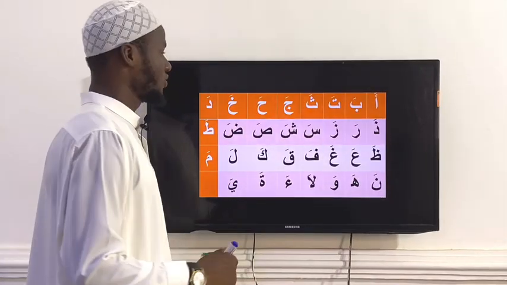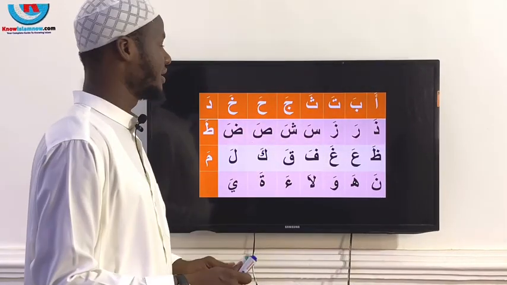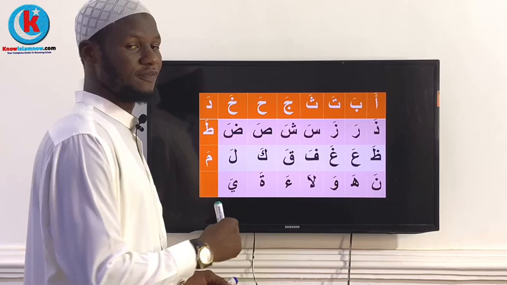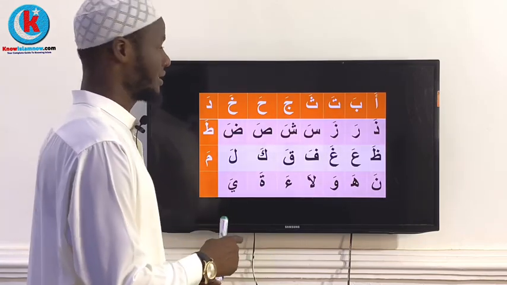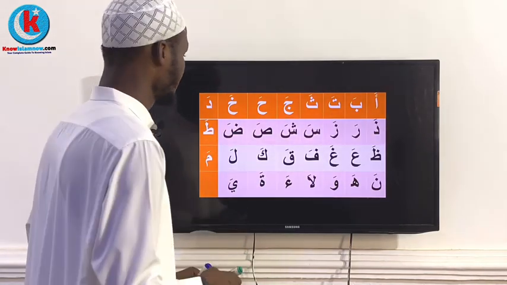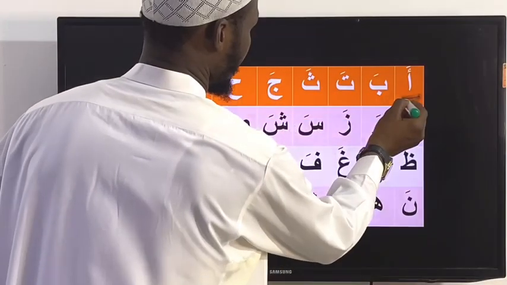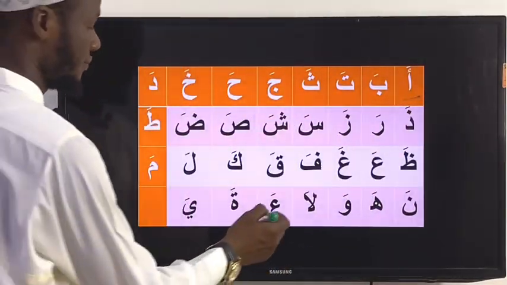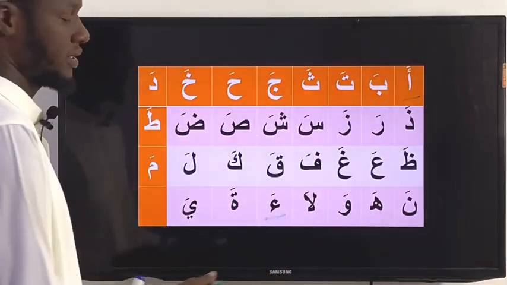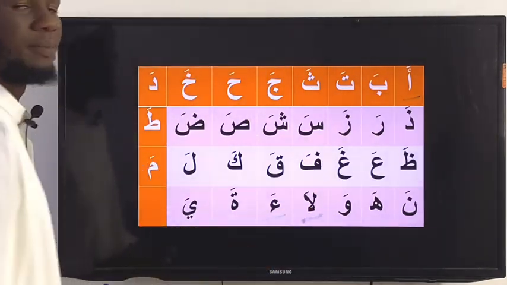MashaAllah. I would like to give a little explanation on three different letters here, in order that you don't get confused. Letter alif, hamzat, and lam alif.